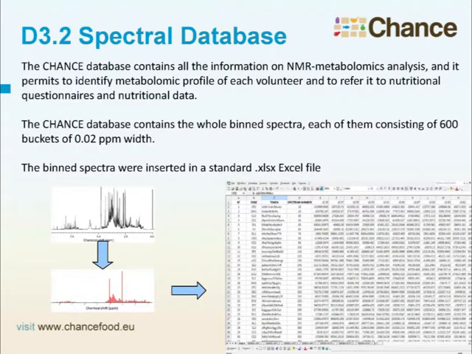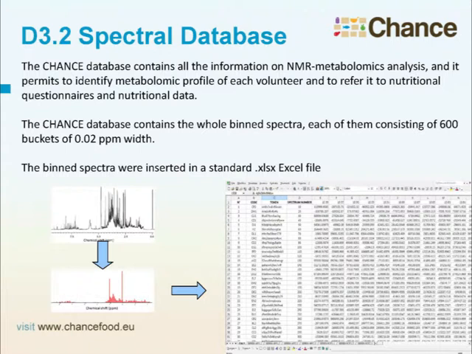The CHANCE database, I will not say too much detail, but it was decided that we would actually bin the data a bit in order to compress the data. It turned out not to be an important issue, so we went down from the 58,000 variables to a much lower number.